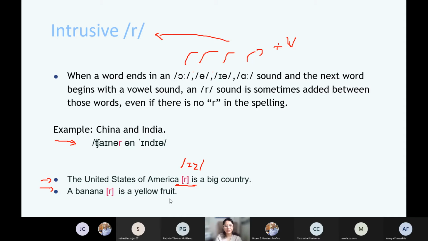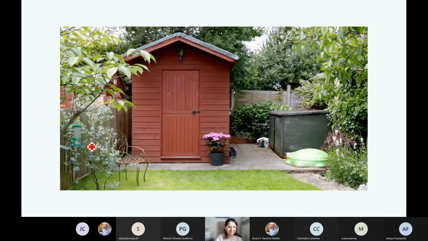Now, in order to clarify this, we are going to watch a video. That was the same video from which I took out some examples last class. Please let me know if you cannot listen to this, because I was receiving the same message I tend to receive that says that the audio was not going to work. So if you don't hear the person speaking or the music from the video, please let me know.